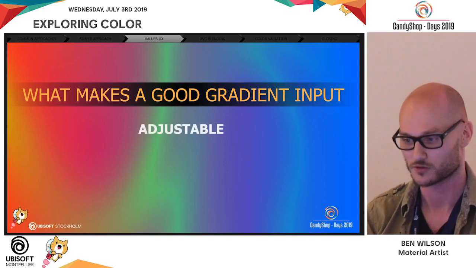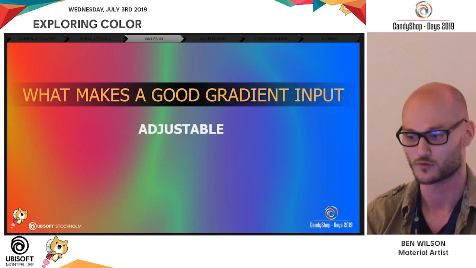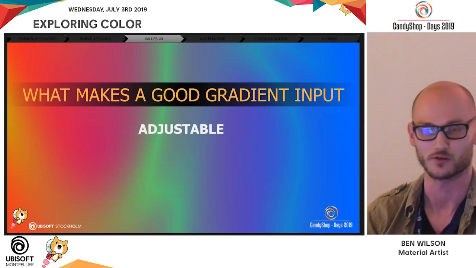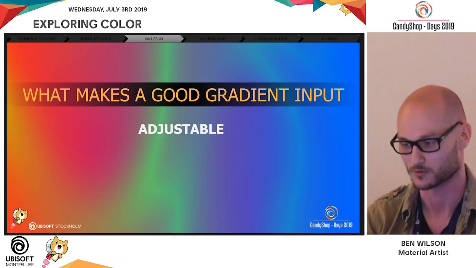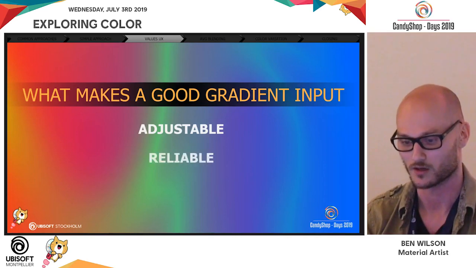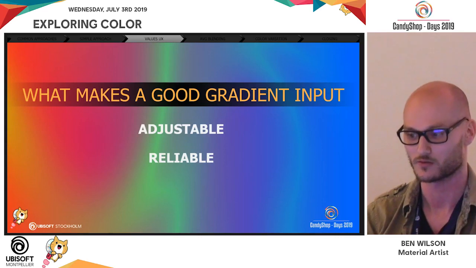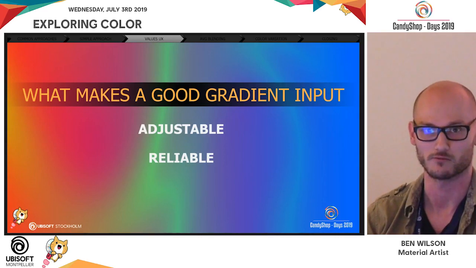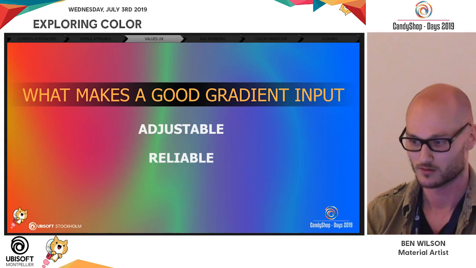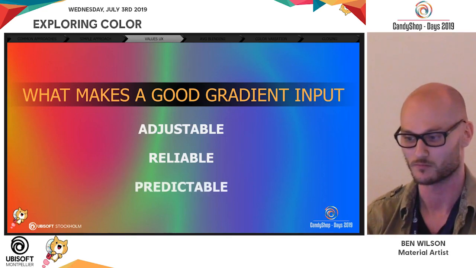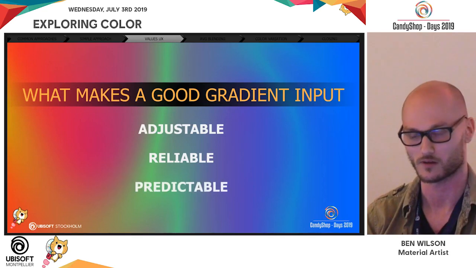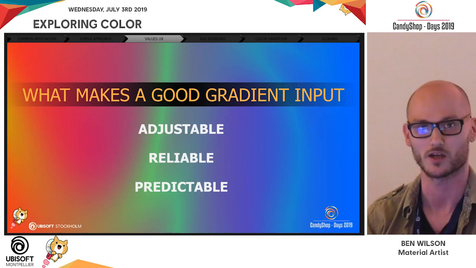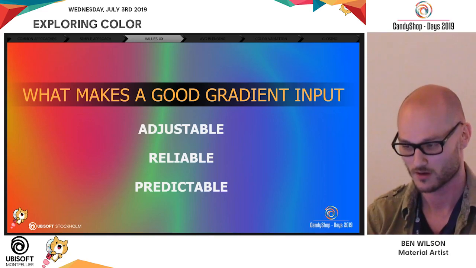So firstly, it should be adjustable. You don't want too many sliders, but you need enough to be able to control what you're doing. And it should be reliable, meaning that it's not going to drastically change your output when you randomize the graph. And it should be predictable, meaning that it's not overly sensitive to change and everything behaves in a linear fashion.